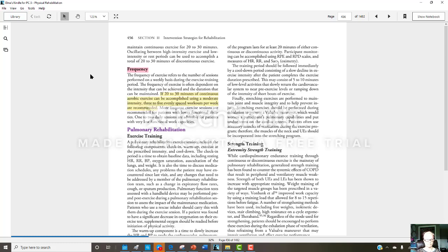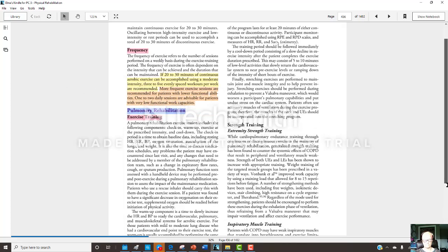Pulmonary rehabilitation exercise training. A pulmonary rehabilitation exercise session includes the following components: check-in, warm-up, exercise at the prescribed intensity, and cool-down. The check-in period is a time to obtain baseline data, including resting HR, BP, oxygen saturation, auscultation of the lungs, and weight.